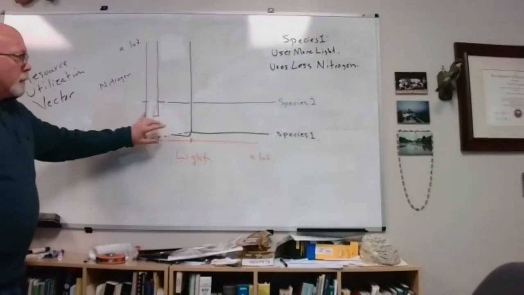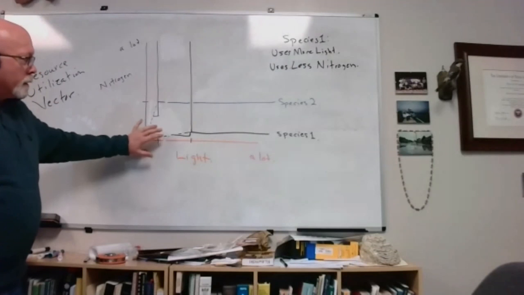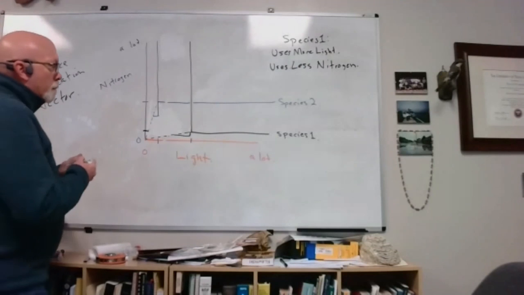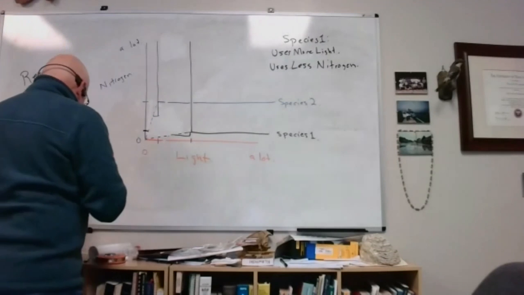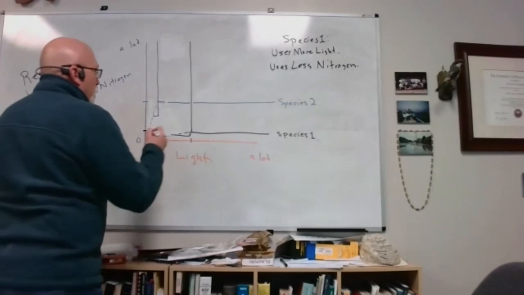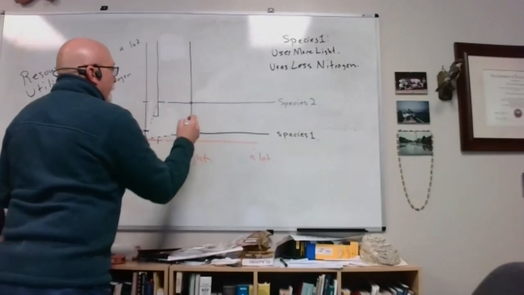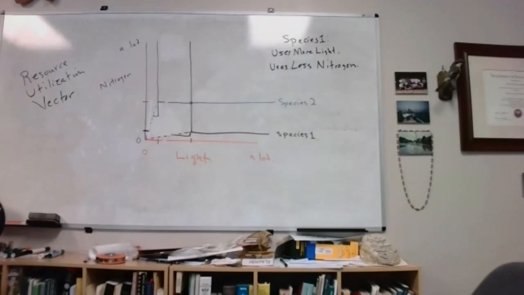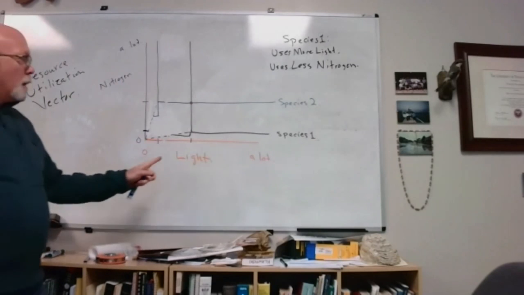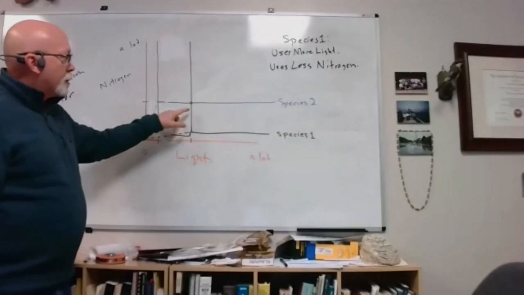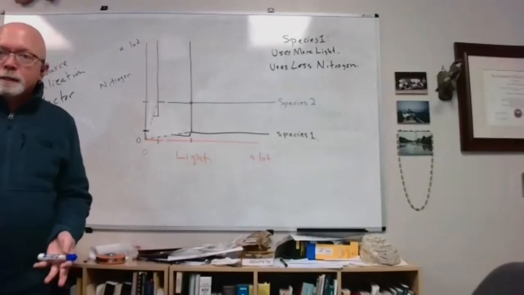So the reason that we want to think about that resource utilization is that this point here in the middle, which I'll represent as pink, is an equilibrium point. It's a point where there is enough light and nitrogen for both species to coexist.